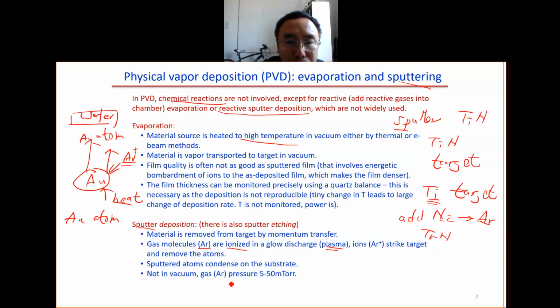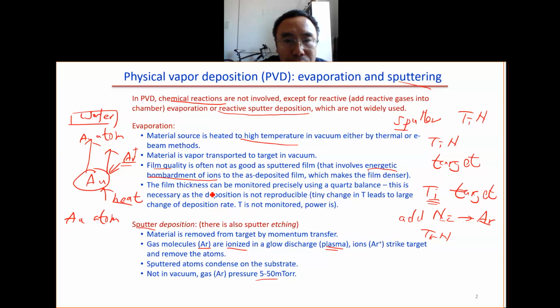Normally the argon pressure is 5 to 50 millitorr. But the evaporation is done in a high vacuum. The film quality for evaporation is not as good as the sputtered film, because for sputtering deposition we have bombardment with ions. This is an energetic process, so when we have extra energy provided to the deposition, we get better film quality.